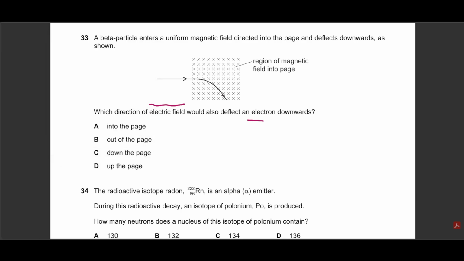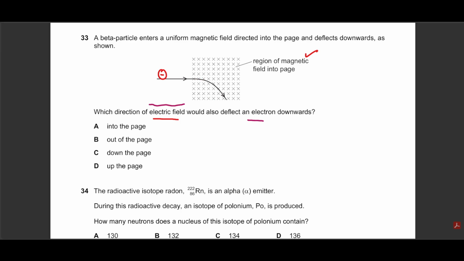Apart from the magnetic field, if you use Fleming's left-hand rule, you will realize that the thumb points downwards for the electrons. But what can we do further in terms of electric field? This is a negatively charged particle, so that we can make sure that it still keeps going down.